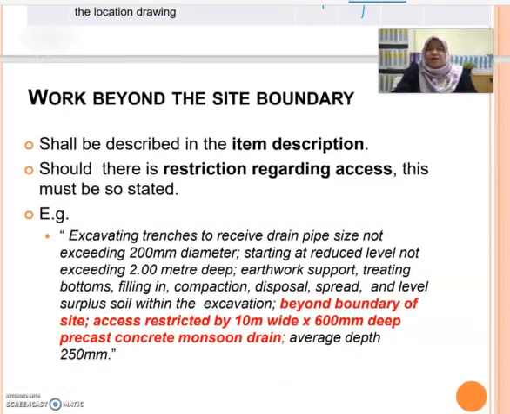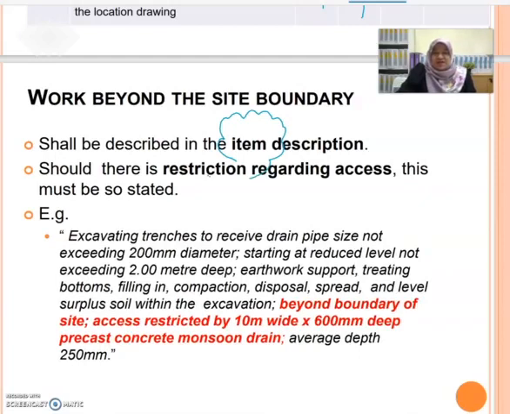Okay, if you have work beyond the site boundary, this has to be described clearly in V.1. It has to be described as an item. And if there are any restrictions regarding access, they should also be highlighted. For example, here we have a restriction beyond the boundary of the site, access restricted by a 10 m wide and 6 m deep precast concrete monsoon drain, so that when the contractor reads your BQ, they truly understand that there is restricted boundary access.